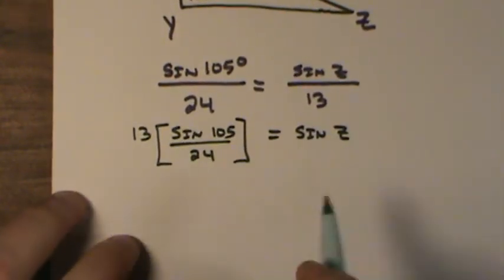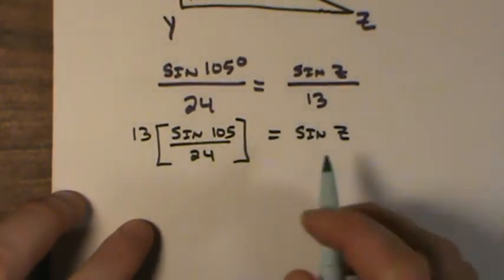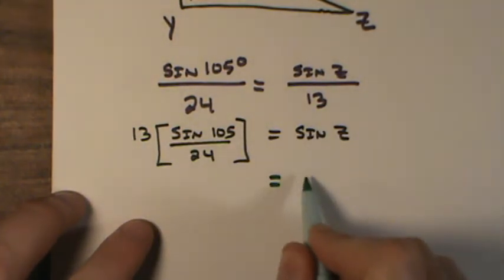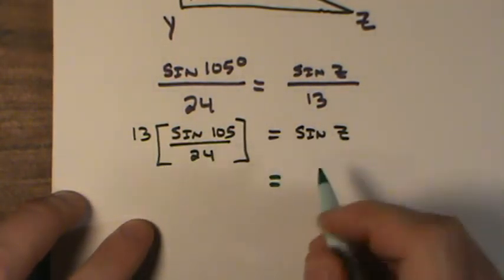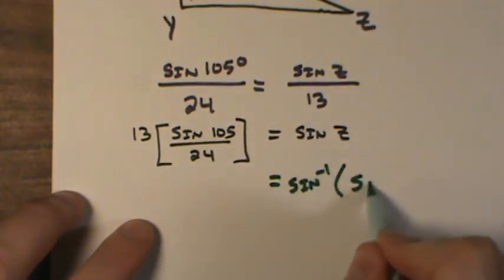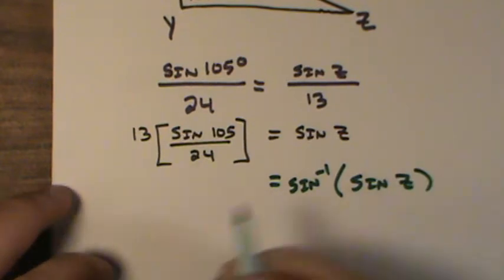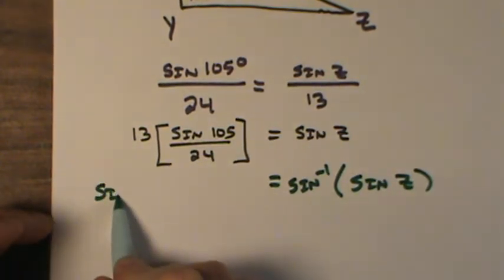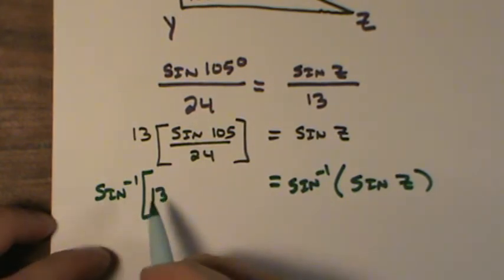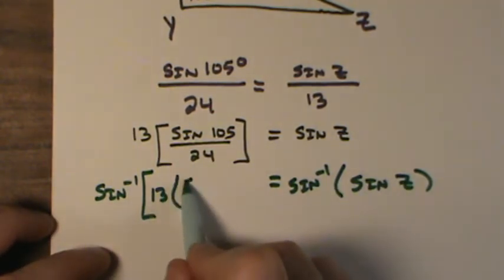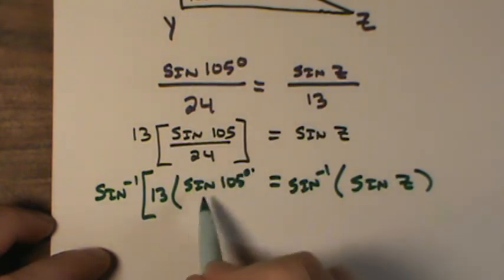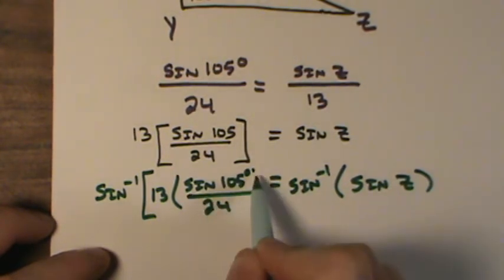Now I like to put everything right in my calculator, so I do as much pencil work, paper work as I can. I'm going to say arc sine of Z. What you do to one side, you must do to the other. So this would be arc sine of all that goodness that I have typed there. 13 times sine 105 over 24.